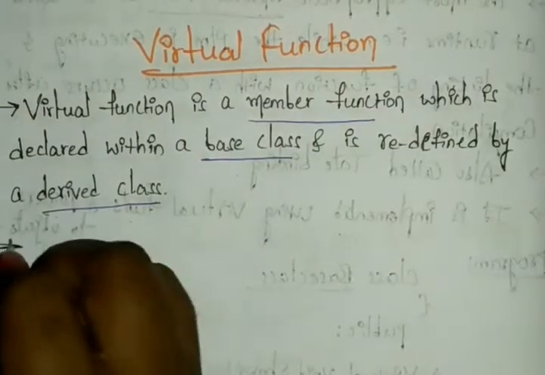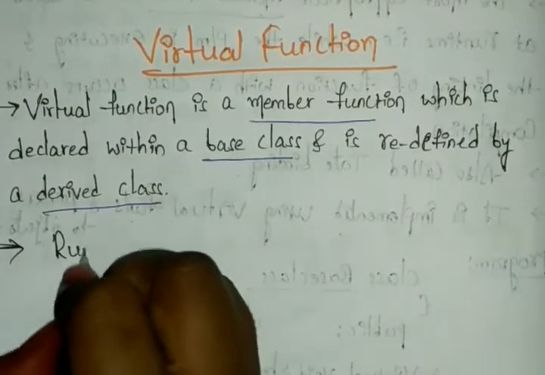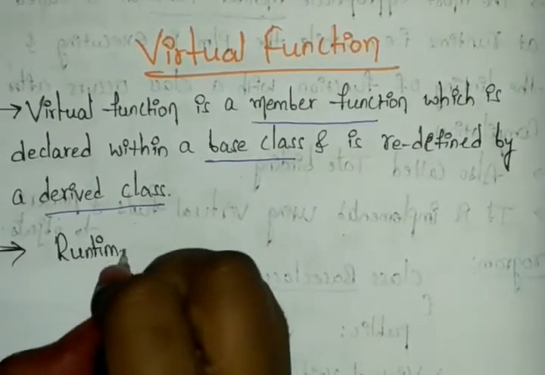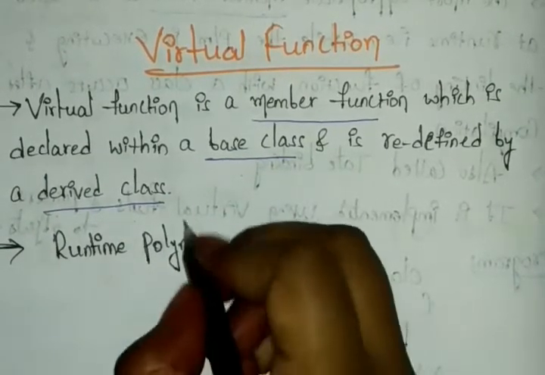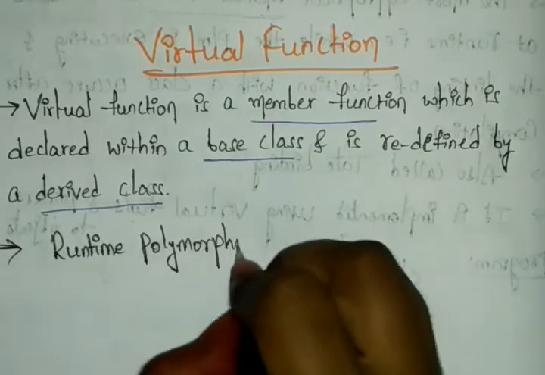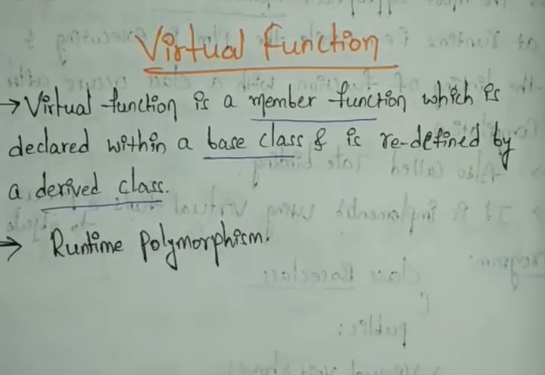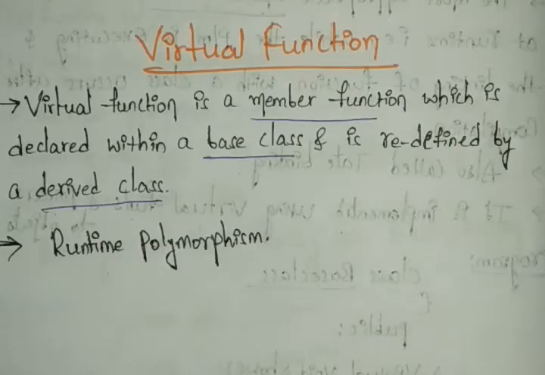This is mostly used in runtime polymorphism, where we use this virtual function. Normally polymorphism is of two types, right? One is compile time, and the second is runtime polymorphism. Whenever you are doing runtime polymorphism, these virtual functions are also used.